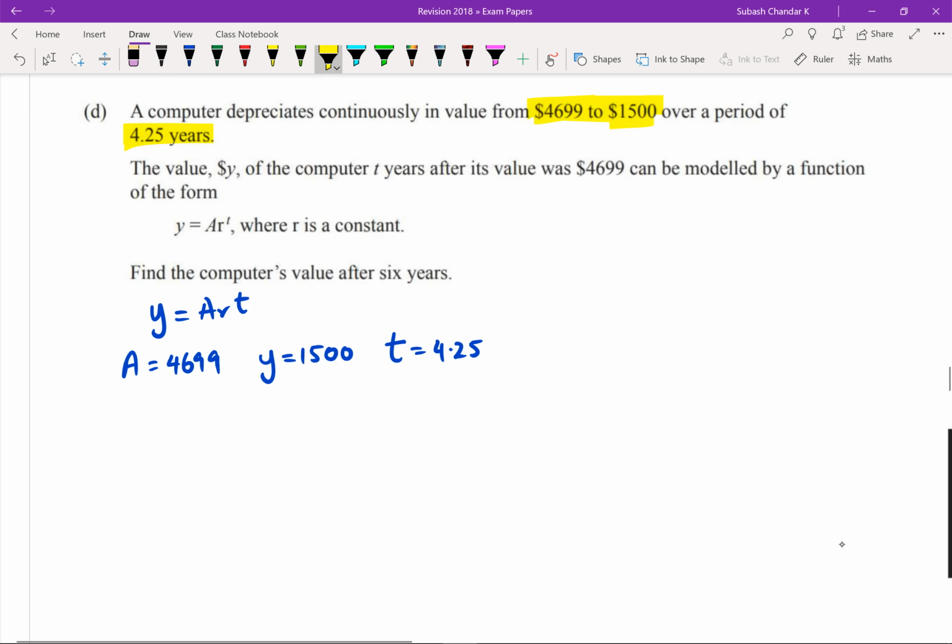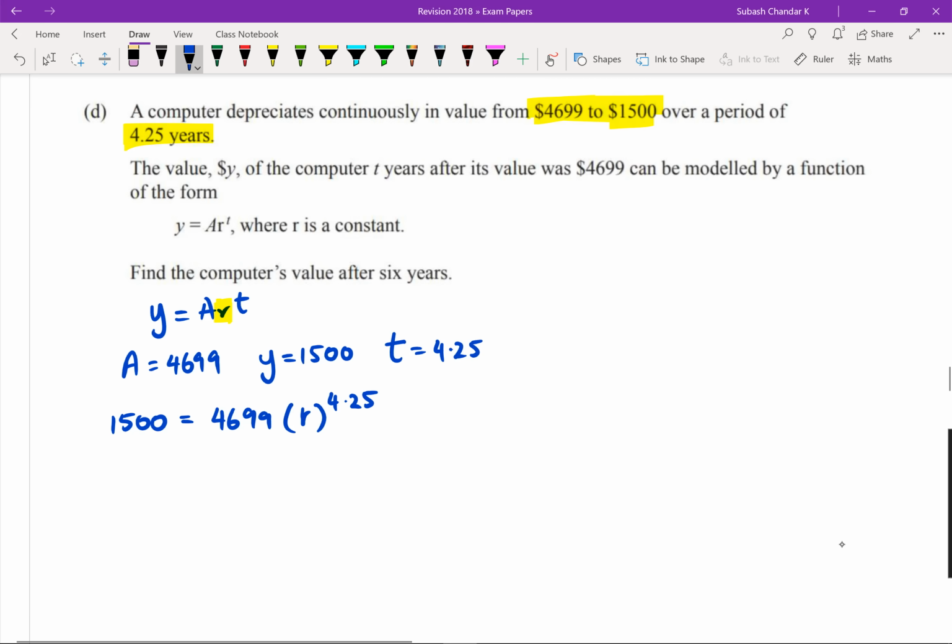So the first thing we need to figure out is the value of R. At what rate is it reducing? I'm going to substitute all of these things into an equation. So I've got 1,500 equals 4,699 multiplied by R to the power of 4.25.